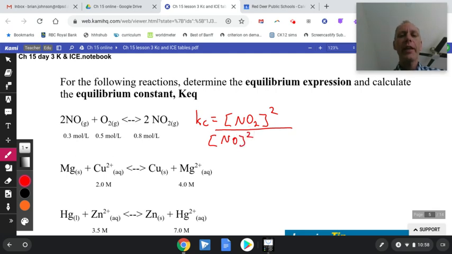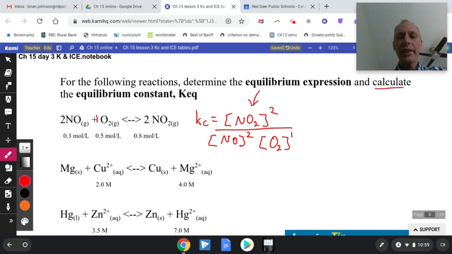And I should be saying equilibrium concentrations, because this is the equilibrium constant and it uses equilibrium concentrations. And the equilibrium concentration of O2 to the power of 1, or we don't even need to put the 1 there. Okay, that's the equilibrium expression.